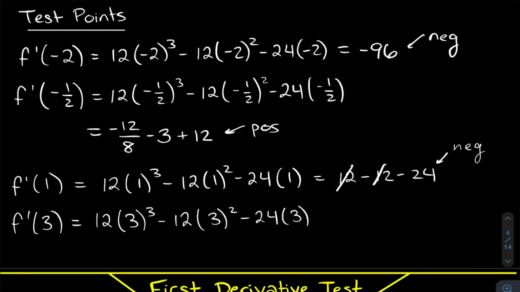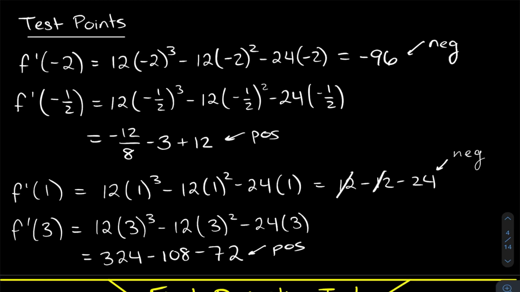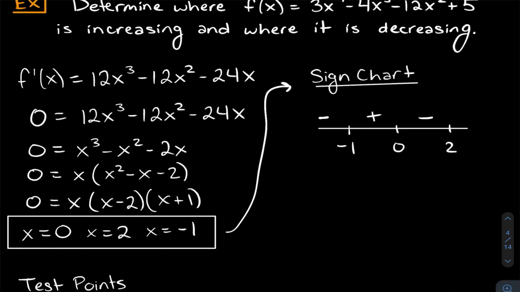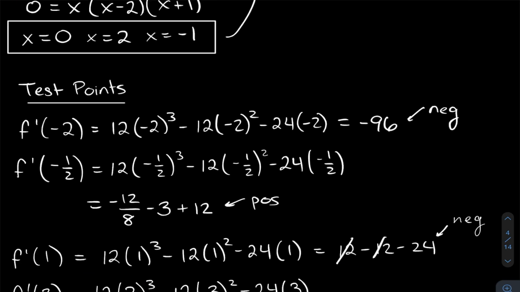When I did this, I got 324 minus 108 minus 72. And from there, I already knew that this thing was going to be positive. Okay? So, yeah, just like a little bit of lazy calculator work, I guess. But it is what it is. So yeah, that's going to be positive.